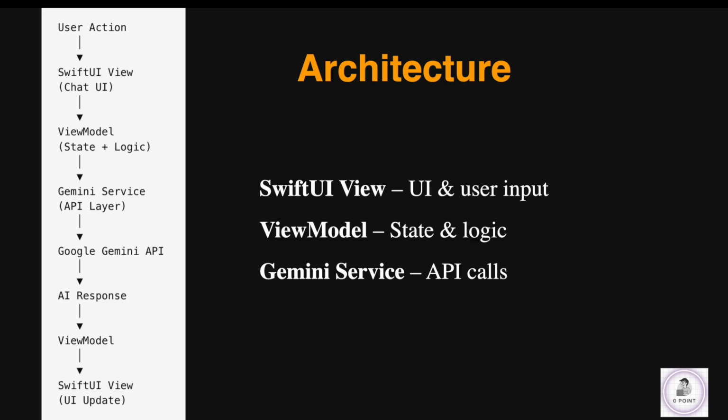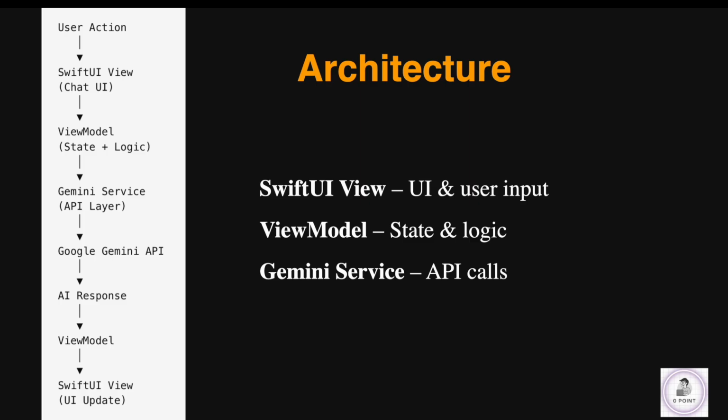Firstly, the user action, and the user action is performed on the chat UI. Then the chat UI communicates to the view model, and the view model then communicates to the Gemini service, which calls the real Google Gemini API, and we get the AI response.